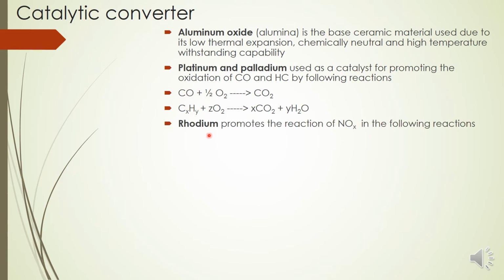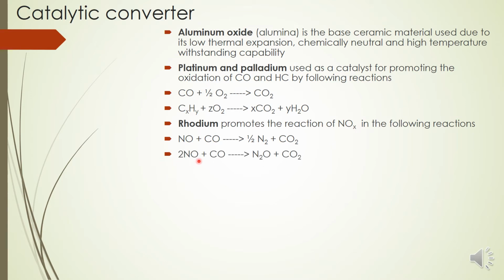And similarly, rhodium, another rare metal, promotes the reaction of nitrogen monoxide and nitrogen dioxide. These are the reactions. Nitrogen monoxide will react with carbon monoxide to form nitrogen and carbon dioxide. So nitrogen is safe because it is inert. It does not produce any harm to the environment.